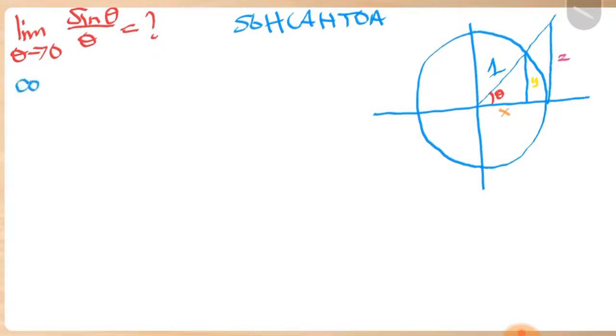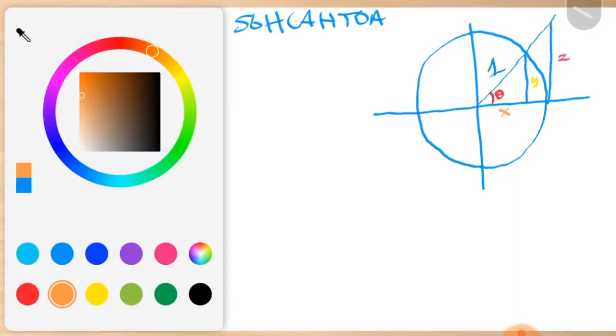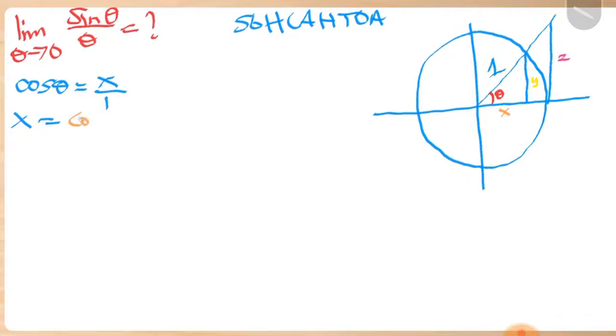So we have cosine of theta is equal to adjacent over hypotenuse. The adjacent is x, over the hypotenuse, which is just 1, and x over 1 is still x. That means x is the same thing as cosine of theta.